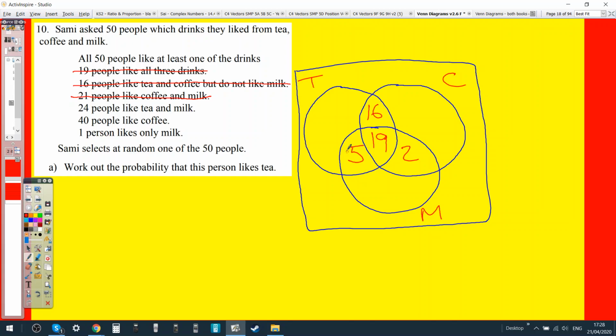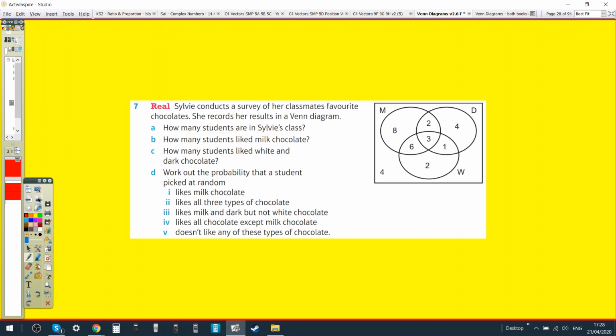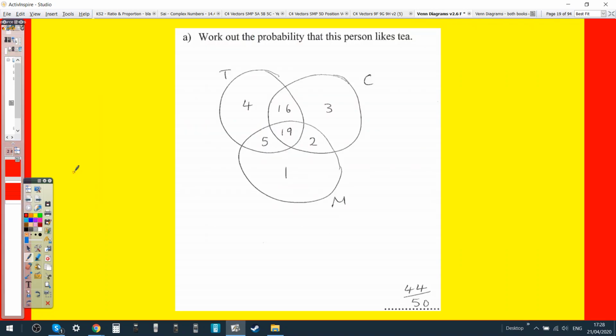Very good. And then you just go from there. That's just the bit I wanted to check. Or I suppose, how would you do the coffee bit? 40 people like coffee? Yes. So I think you're good for the rest of that. Any questions about that one?